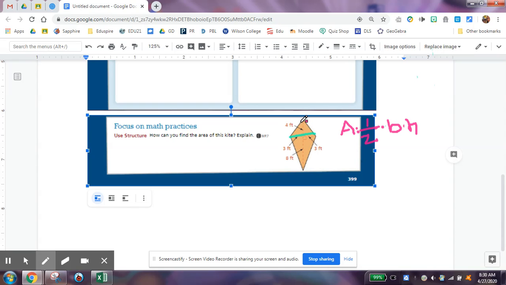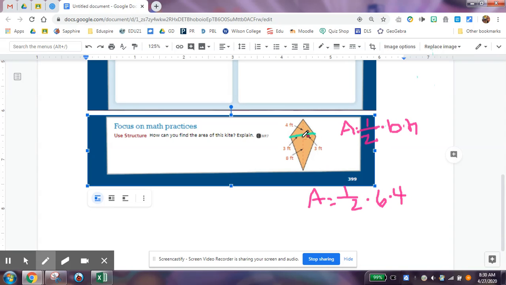Let's start with this top one. Let me start with writing 1/2. Now remember, the base is where the height is drawn at a right angle. So the base is this long line here, which I see as 3 and 3, which is 6. The height is the line that goes from the top down and makes a right angle, so that's 4.